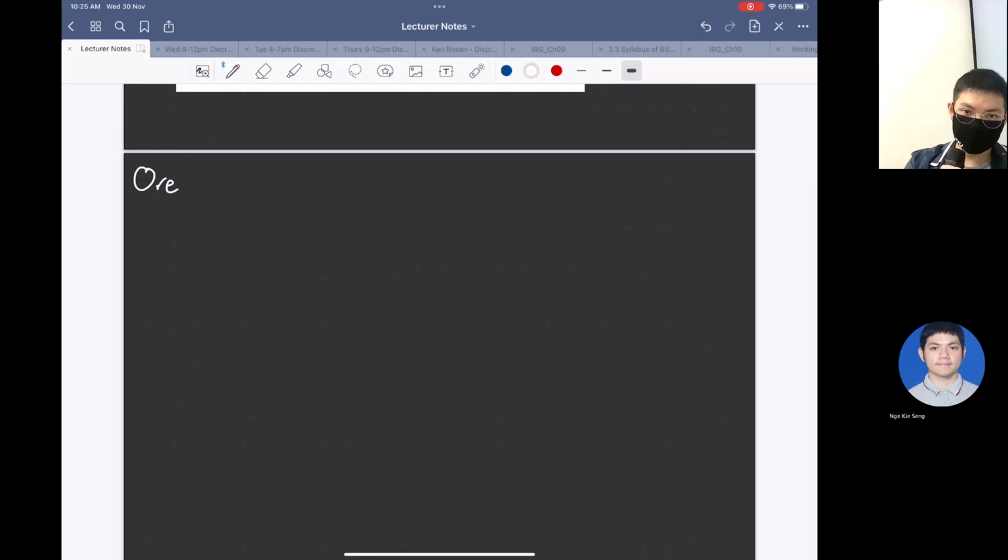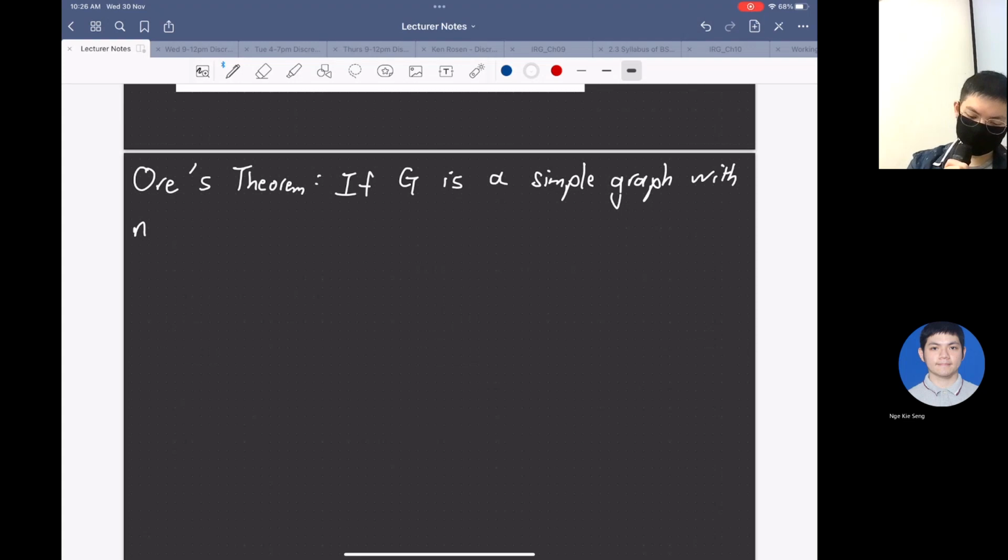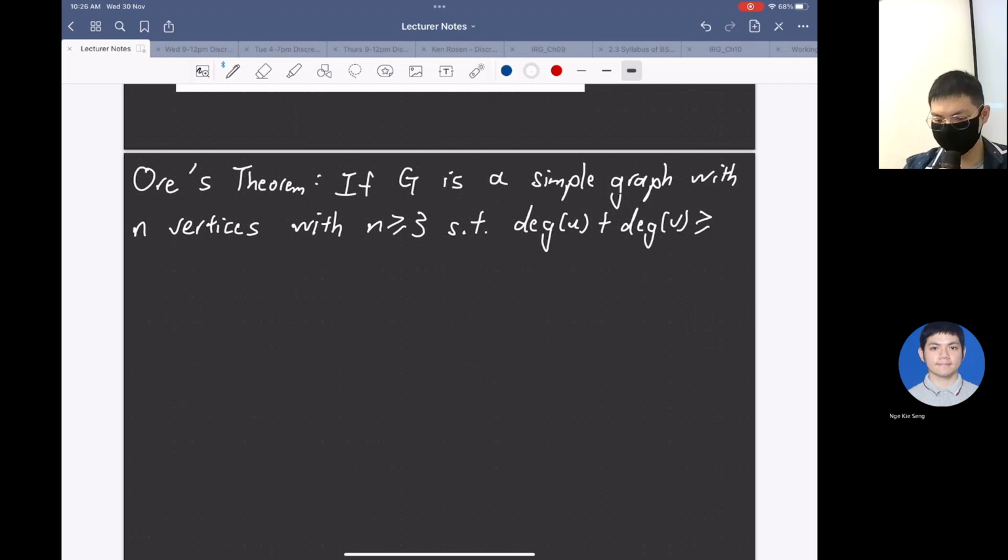So there is some theorem discovered by Ore. You can also check the degree of vertices, but it is a bit tedious because you need to check the sum of pairs of them. If you check that for every two non-adjacent vertices, the sum of their degrees is greater than or equal to the number of vertices, then you can find the Hamilton circuit.